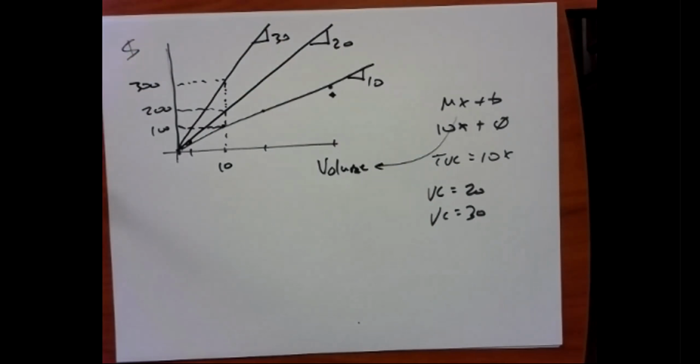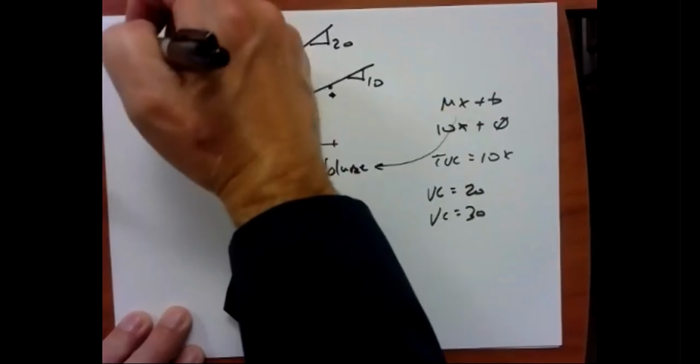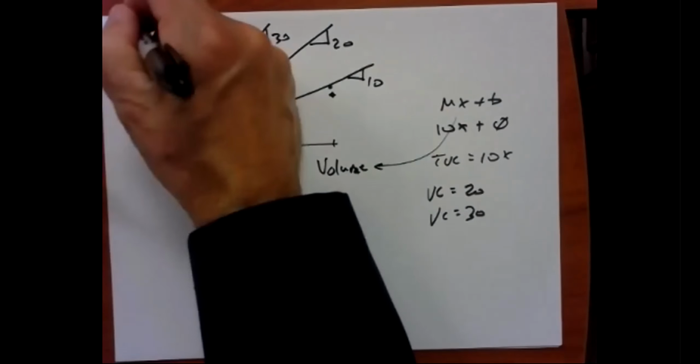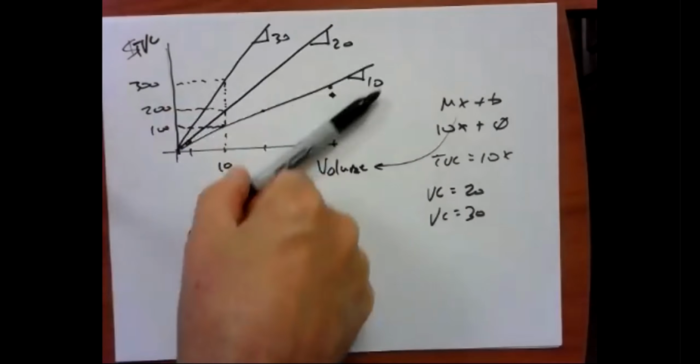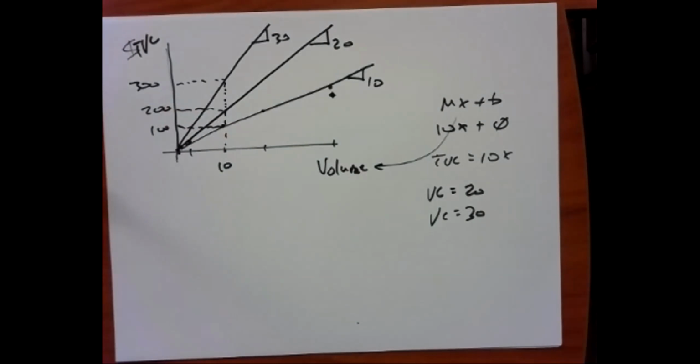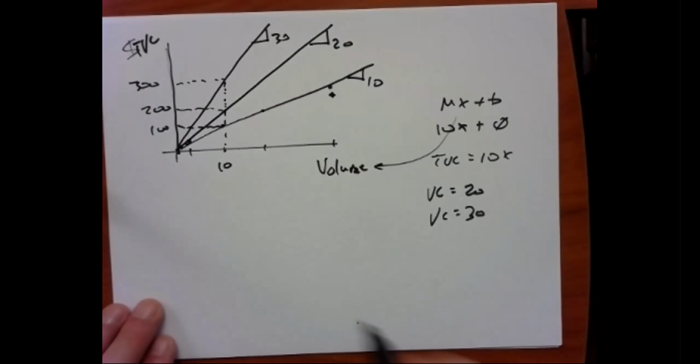So if this is just my total variable cost I'm measuring, in dollars, the lines all come out of the origin, regardless of what the variable cost is, because when I do 0, my variable cost is 0, right? And then depending on what the variable cost per unit is depends on how steep the line is going to be. So I'm graphically representing my costs. The higher my variable cost is, the steeper that line representing variable cost is going to be. How about fixed cost?